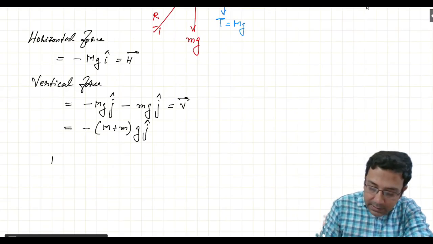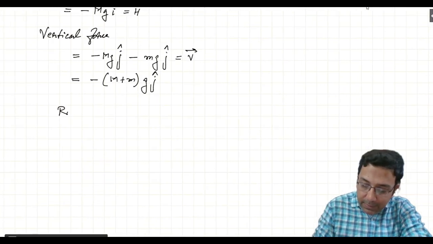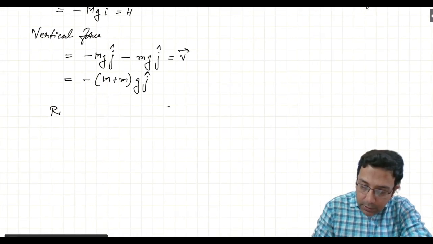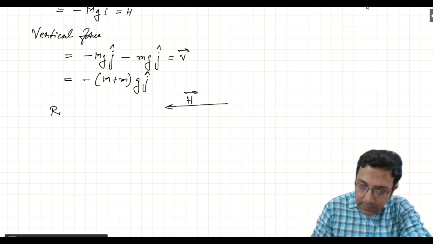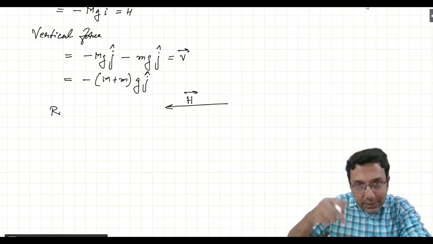What is the resultant? As they are vector quantities, the triangle rule applies. If I draw the triangle for you, this will be my horizontal component, and from the tip of the horizontal component, the vertical component is going down.